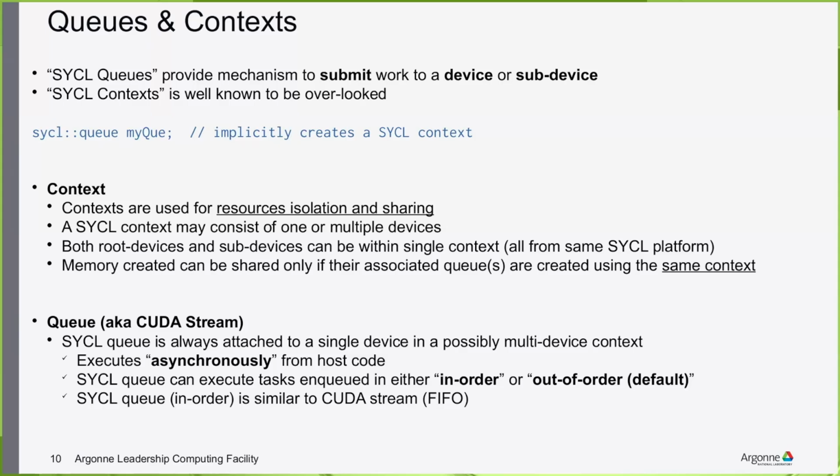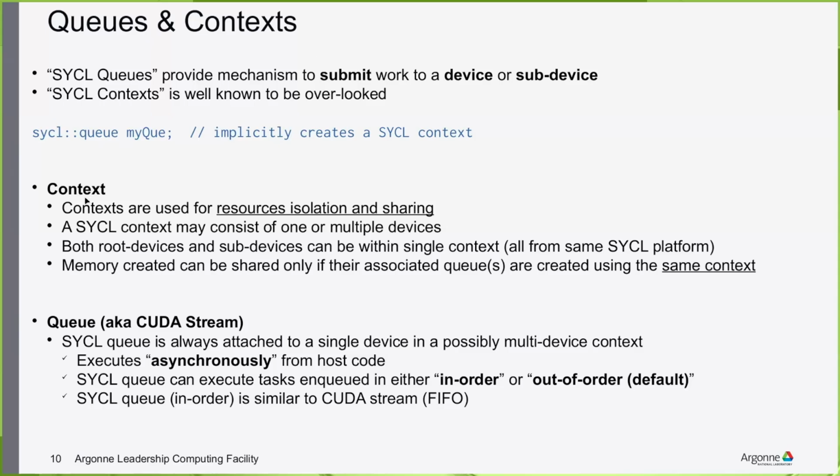This is very similar to CUDA context. As in CUDA, we don't use CUDA context so often. SYCL contexts are also not well exposed if you're writing production level code, but they do exist for a reason.